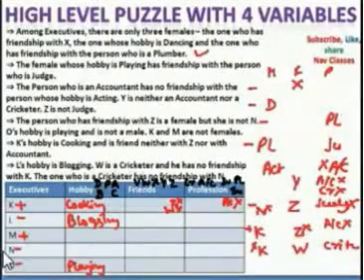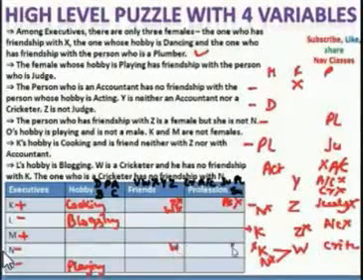The one who is the cricketer has no friendship with N, so W cannot come with K and W cannot come with N. So I write that W, or cricketer, will not come in this block.